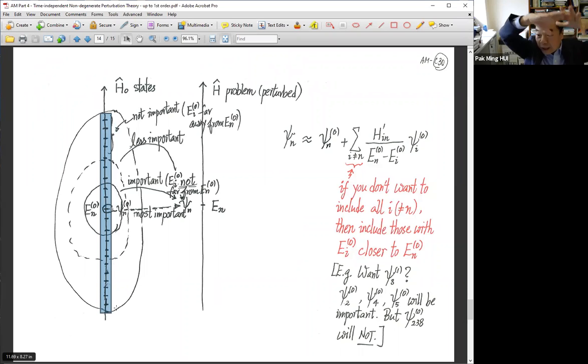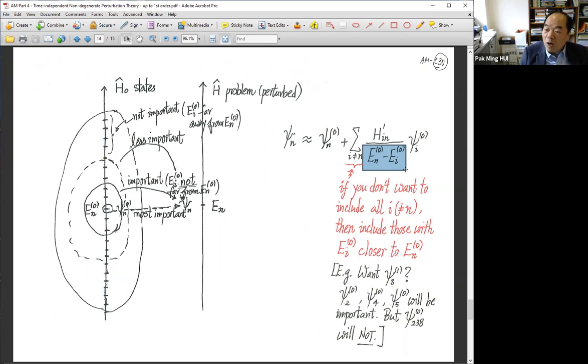But what you include in this bigger circle beyond the dashed line is really less important or not important at all. For the reason that the denominator becomes very big compared with this matrix element up there, so that the mixing coefficient of those far away states to your focusing state will become negligible. Okay, so do you see the physical picture?